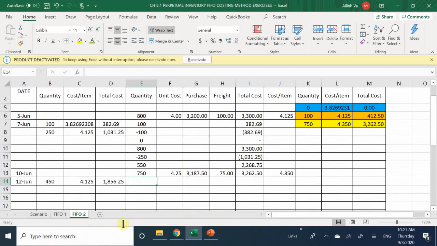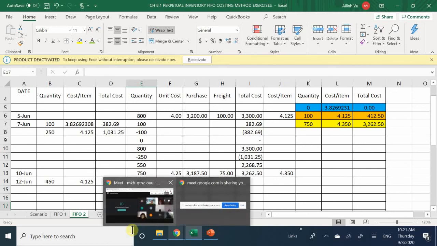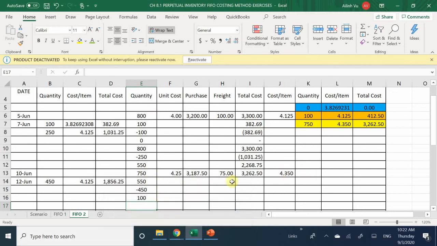So in this case, what number do we start off with? 550, right? How much are we getting rid of? Or how much should we sell? 450. So how much should we have at the end of the day? 100. Okay, how much did my total cost of 550 cost me? 75.